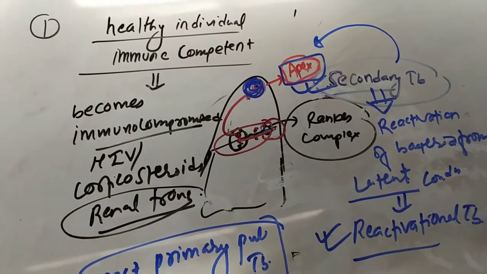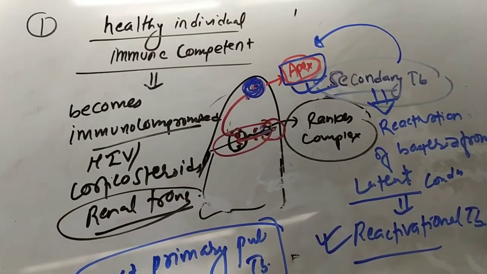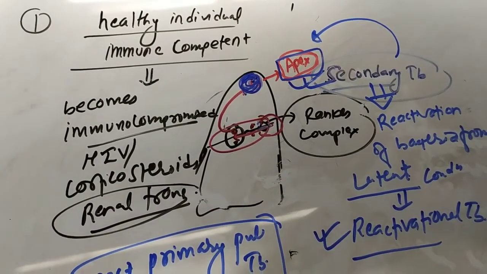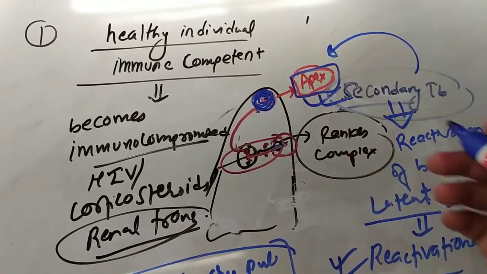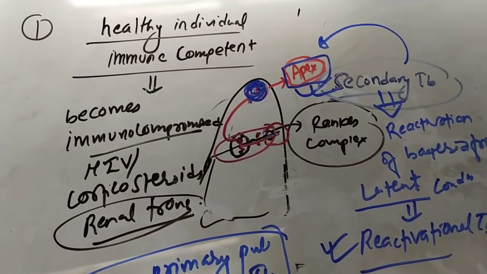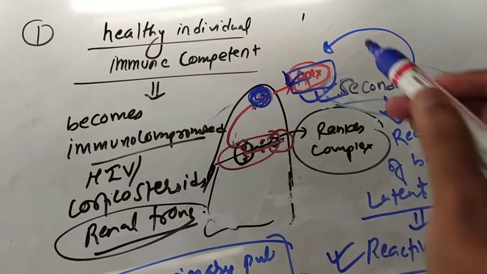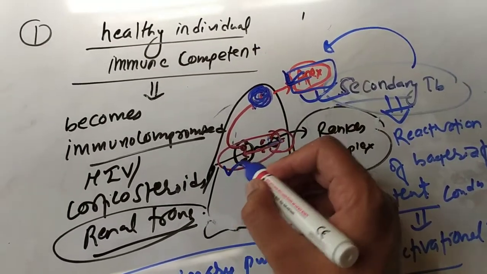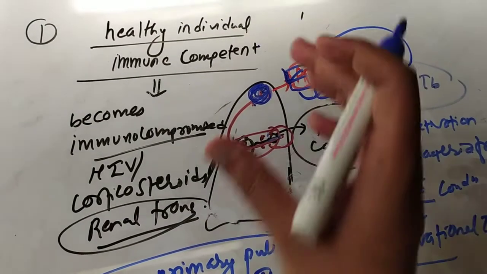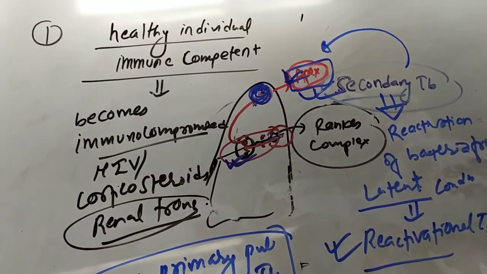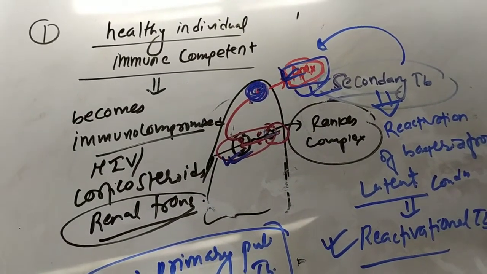So now you saw that in this way the apex of the lung is involved. When the question comes, what is the most common site of the infection in the secondary TB, you will answer the apex of the lung. But in the primary TB, you will answer the upper part of the lower lobe, the lower part of the upper lobe, and the upper part of the middle lobe, or the tonsil.